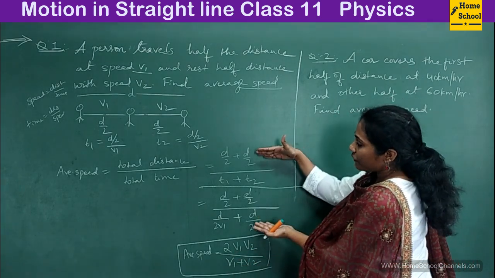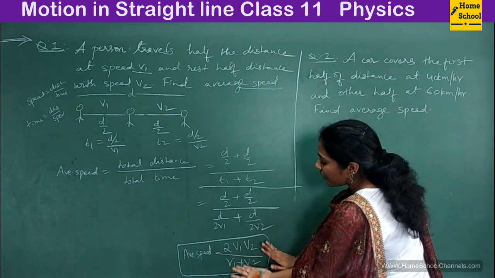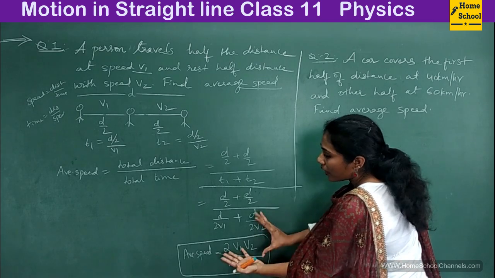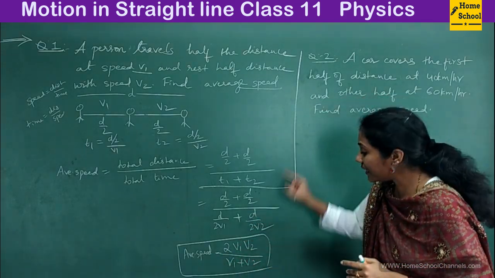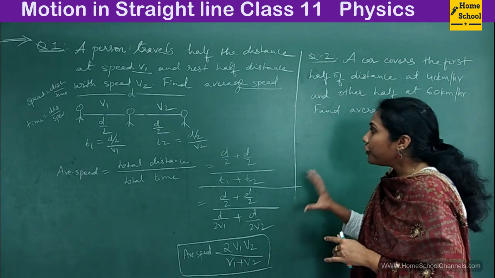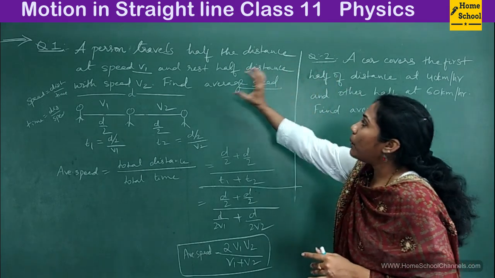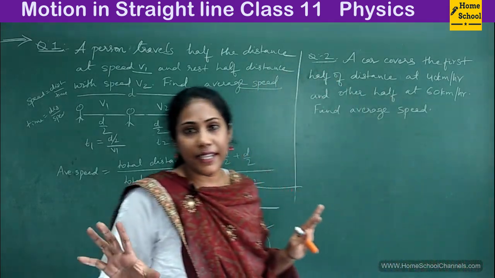So you just have to simplify this. When you simplify, this is the final formula you will get. Actually, this is important to remember. If you can remember this, similar problems can be solved very easily within a few seconds.